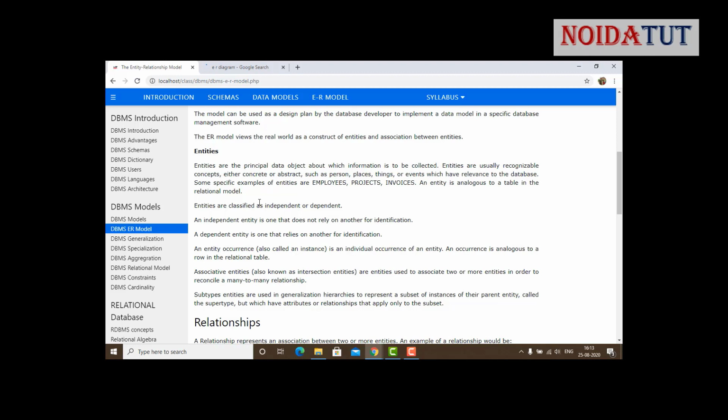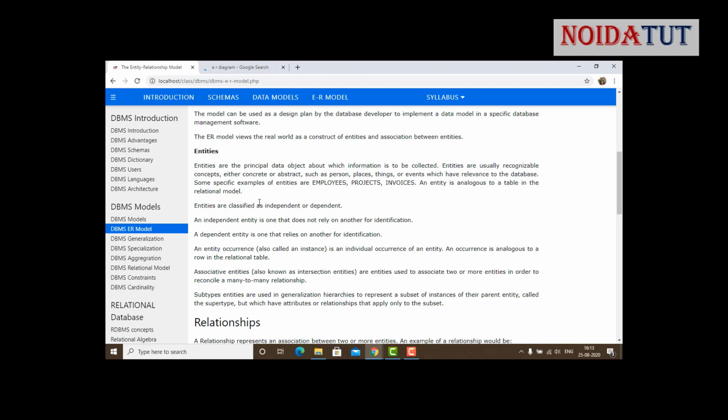Entities are classified as independent or dependent. An independent entity is one that does not rely on another for identification. A dependent entity is one that relies on another for identification.